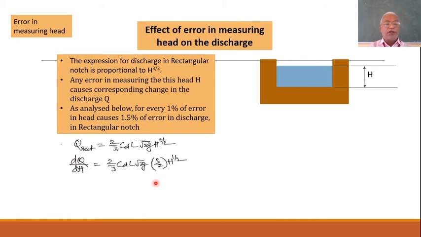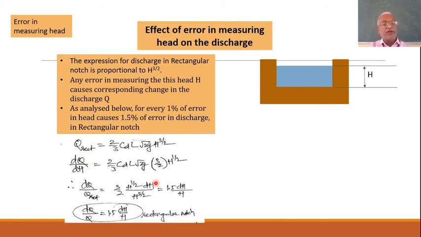So I divide equation 2 by equation 1, calling this equation 2 and the earlier one equation 1.